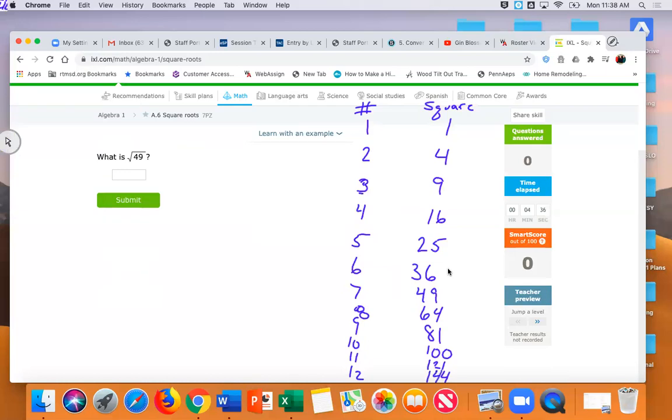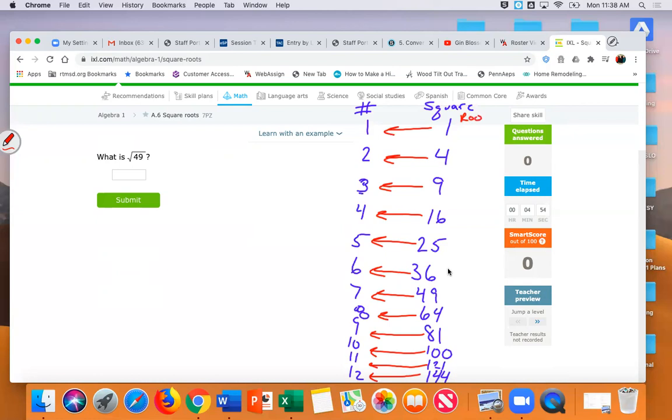So with square roots, we reverse the arrows. So we go back this way. So this would be square roots. Now, you guys said that the square root of 49 was 7.